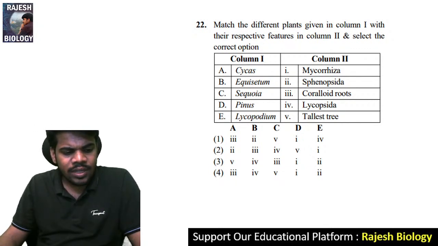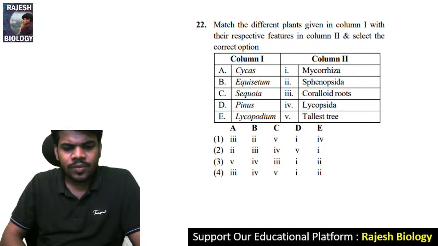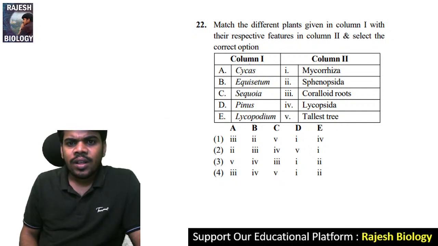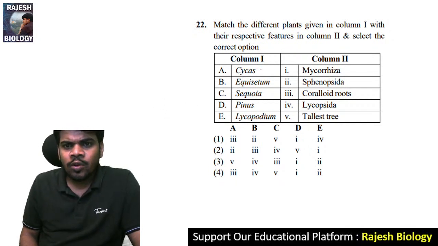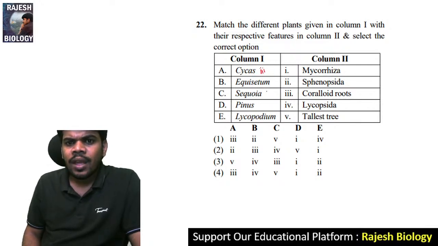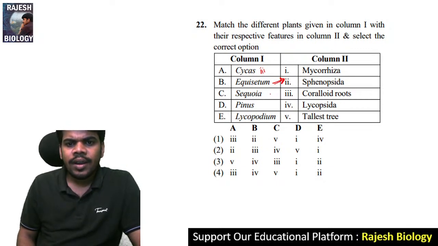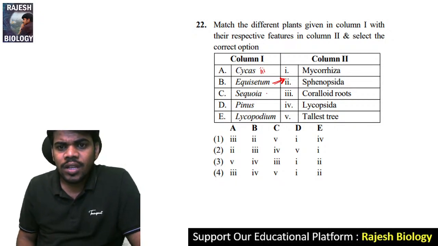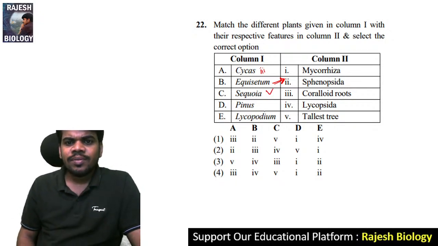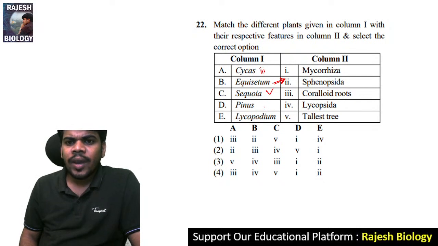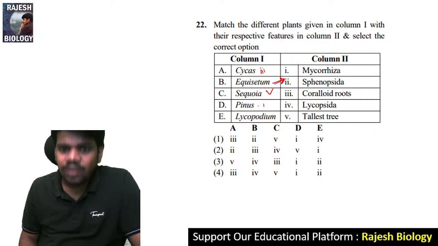Now come to the 22nd question answer. Matching: Cycas is coralloid roots, Equisetum is Pteropsida, Sequoia is tallest tree, and Pinus is the mycorrhiza.